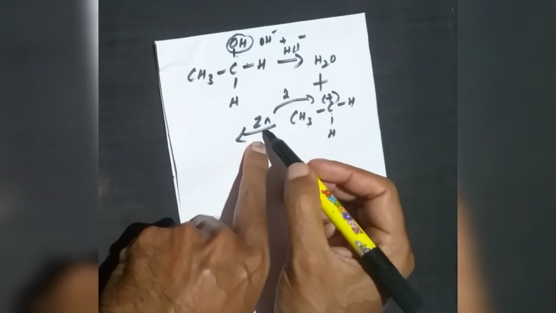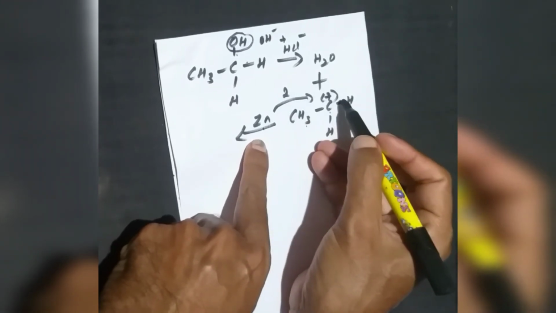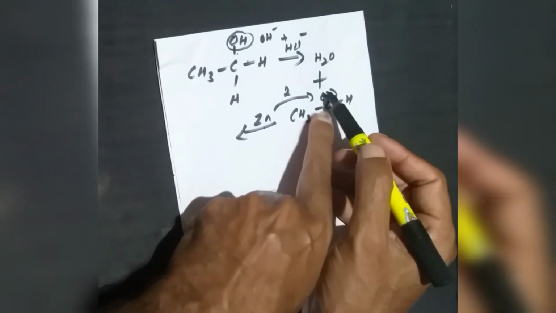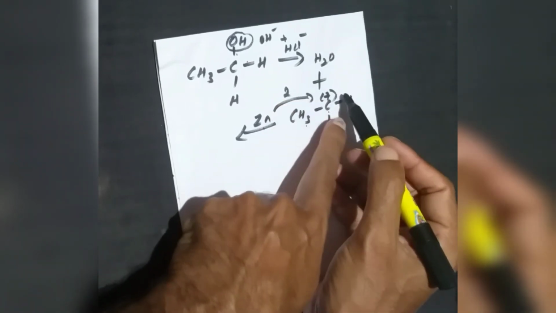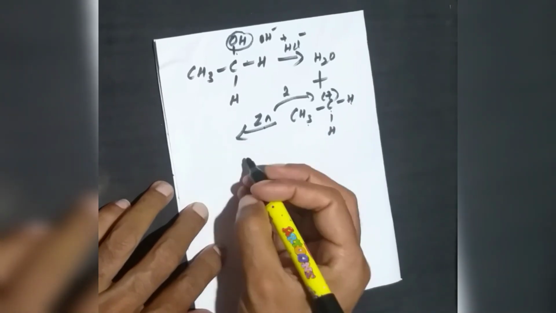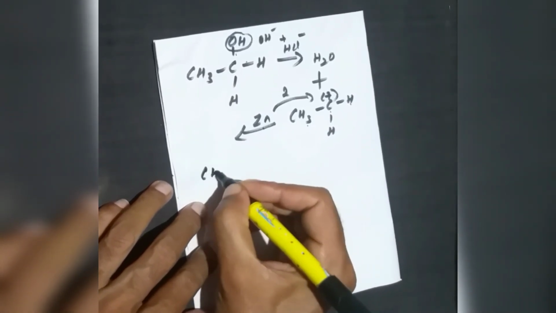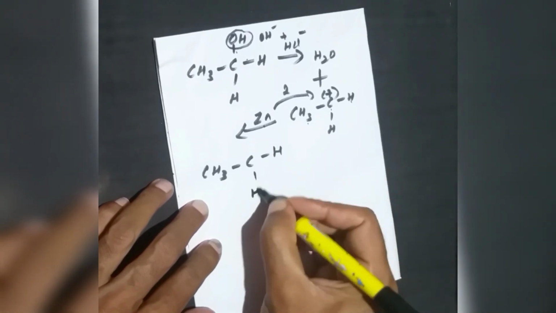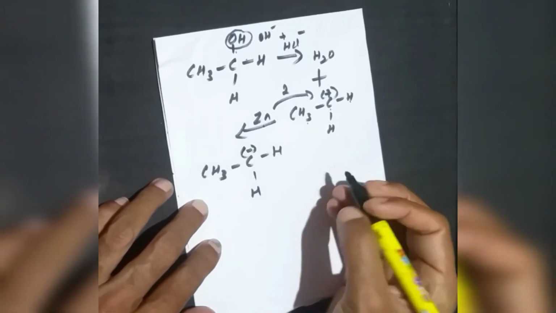Now zinc donates the 2 electrons to the carbon. The carbon has lost only 1 electron, so after gaining 1 electron it becomes neutral, and after gaining the second electron it becomes minus. So you get CH3, C, H and H, and the carbon will have the negative sign here.